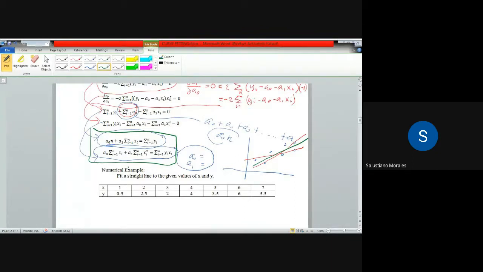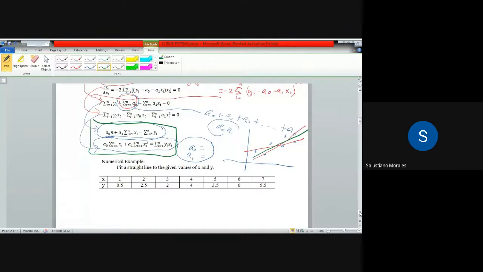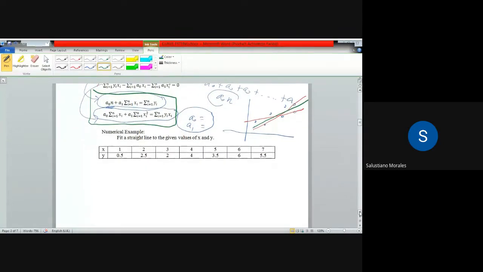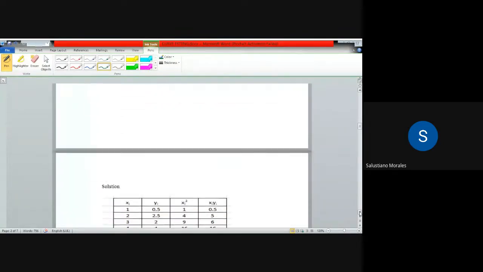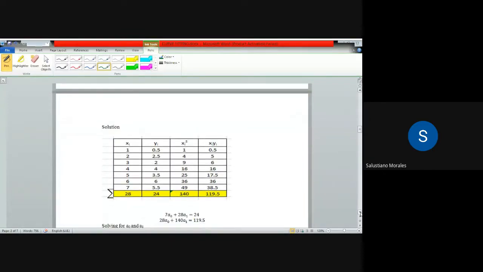We need also to determine the summation of the values of x squared and also the summation of the product of y and x. Para mas madali yung calculation natin, we're going to consider a table na lang similar to this one so that we can compute all of those values.